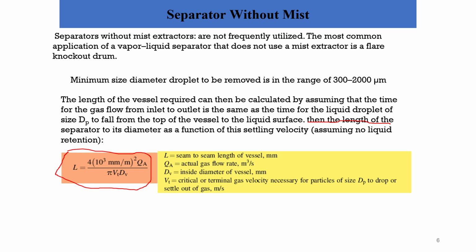And you have to remember that when we talk about seam to seam, we talk about this vessel. I explained it before on the board, but I'm going to explain it again. This is your separator, and normally you have this end and this end as well.